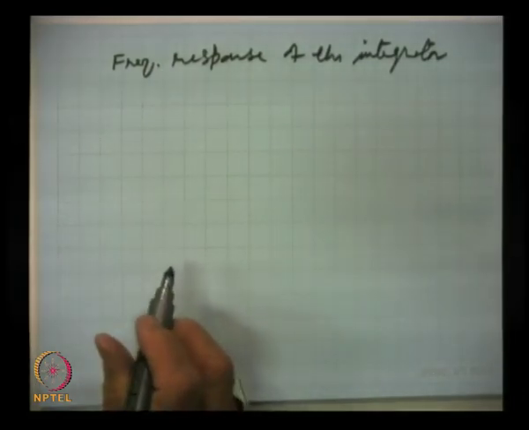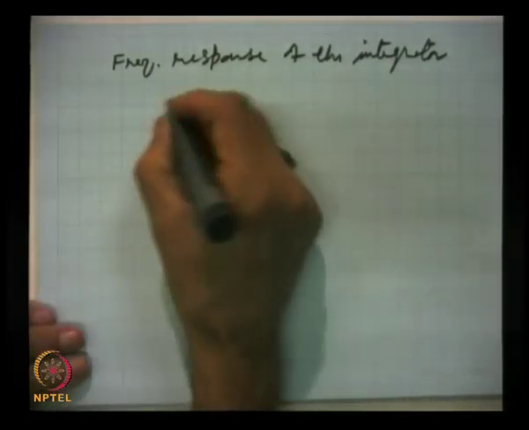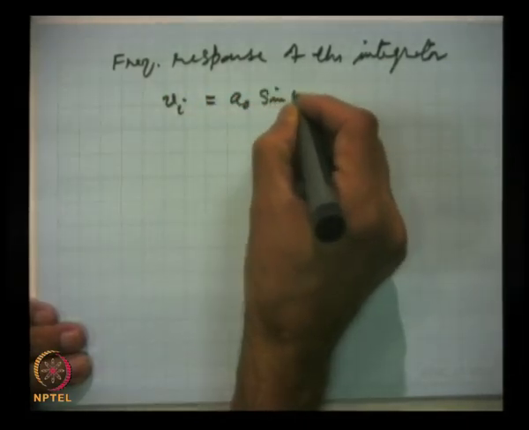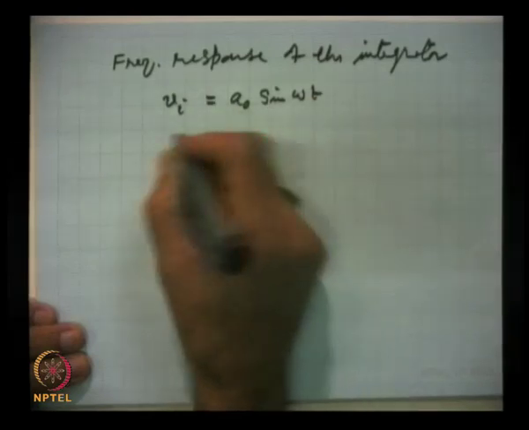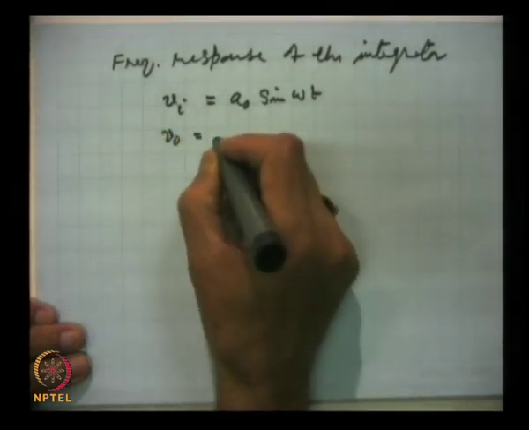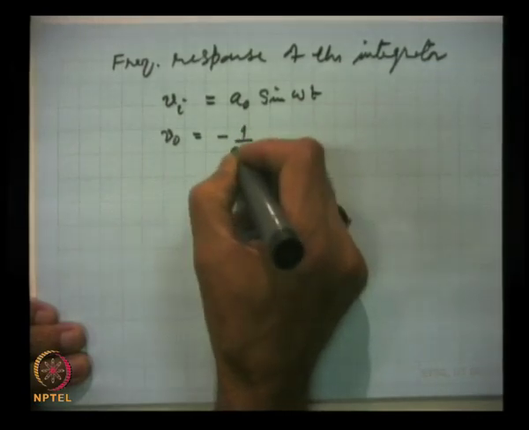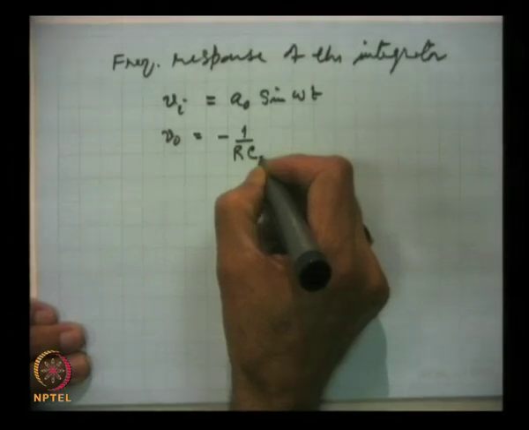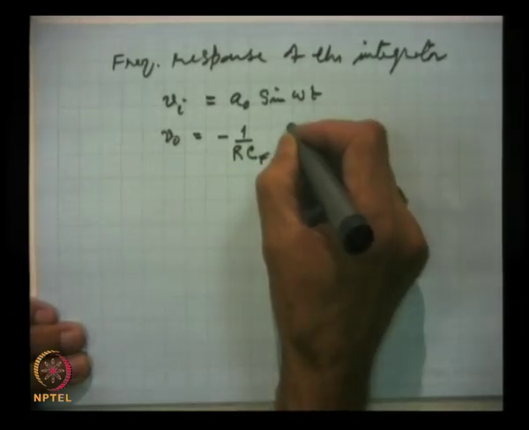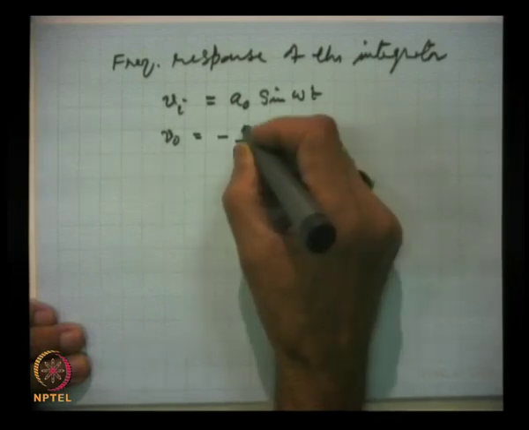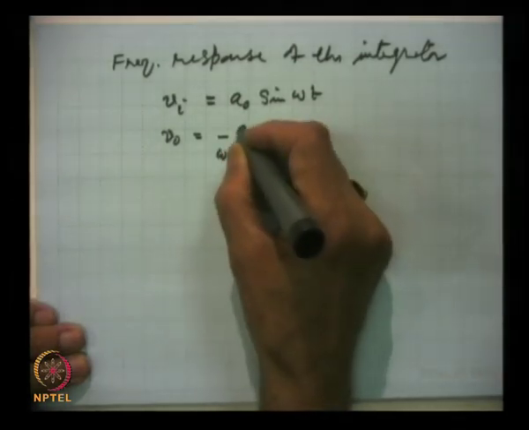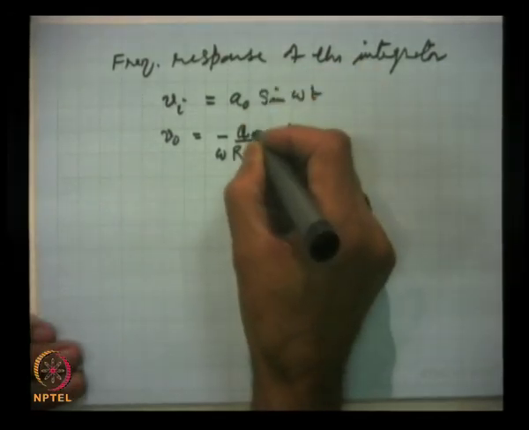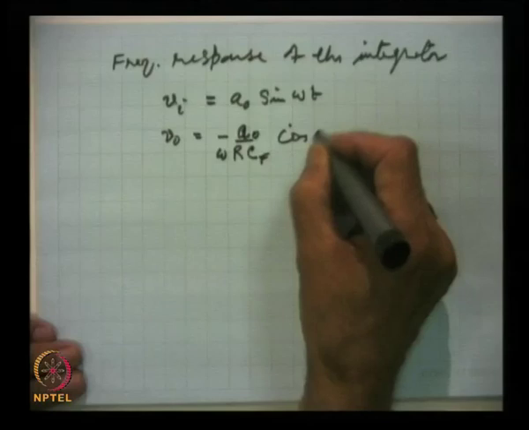If we take Vi, as we have done above, as sin omega t, then V0 is minus 1 by R CF times the integral of A0 sin omega t, which is A0 cos omega t divided by omega.